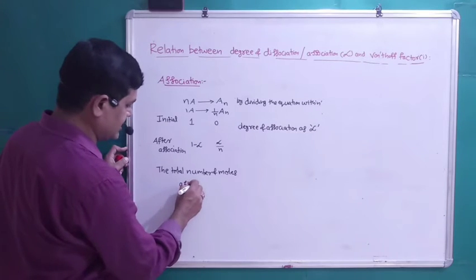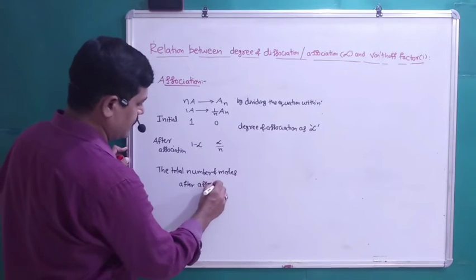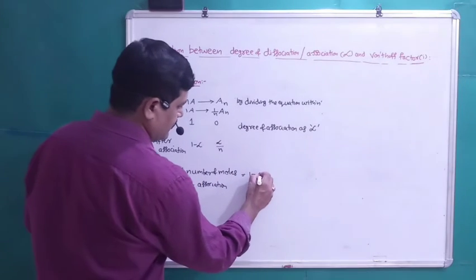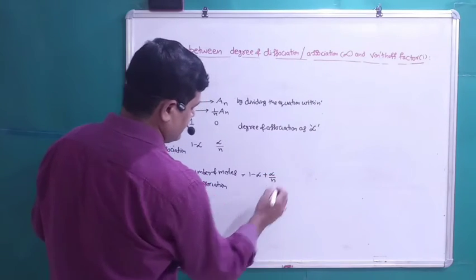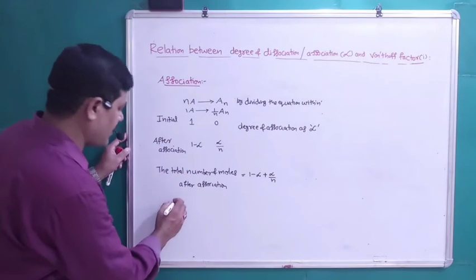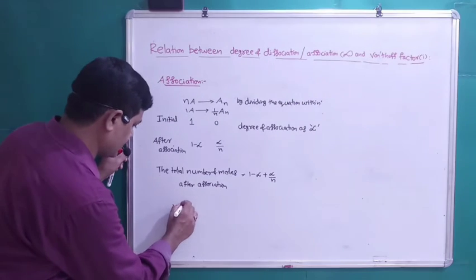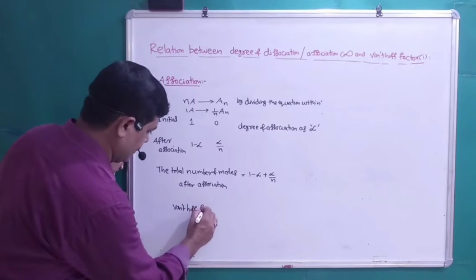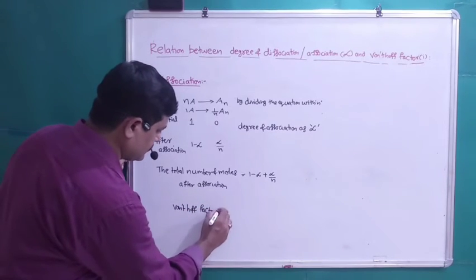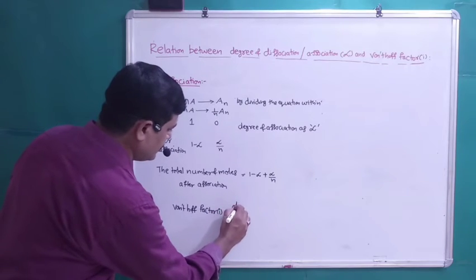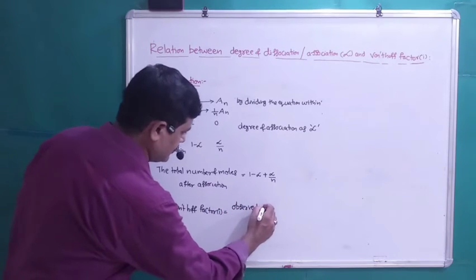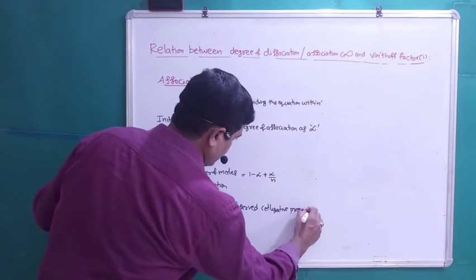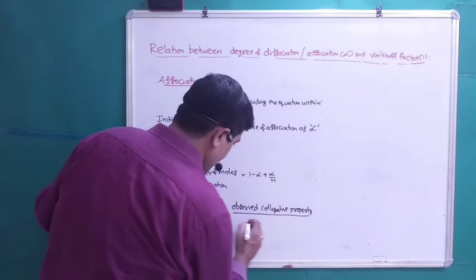The total number of moles after association is equal to 1 minus alpha plus alpha by n. Again we can write the formula for van't Hoff factor: i is equal to observed colligative property divided by normal colligative property.